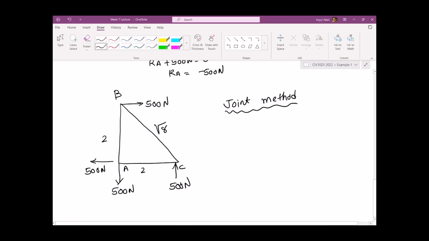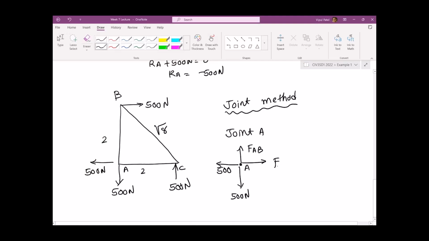What happens here? Let's do the joint A. This is A. This is 500 newtons, 500 newtons. Force FAB and force FAC. Let's put the names 1, 2, and 3. Member 1, 2, and 3.